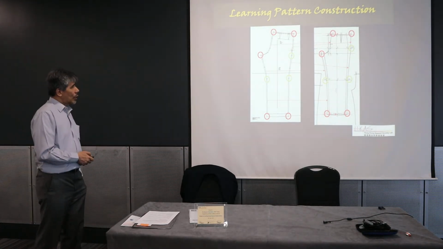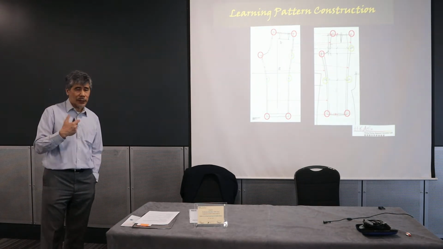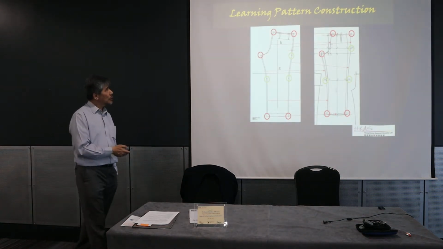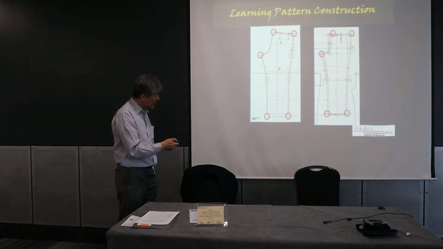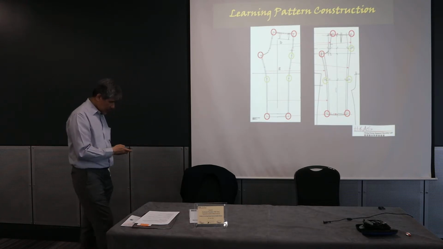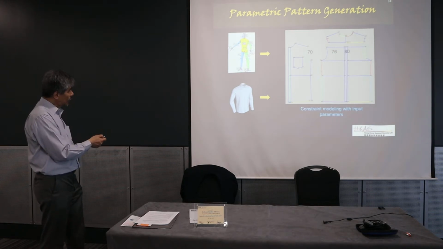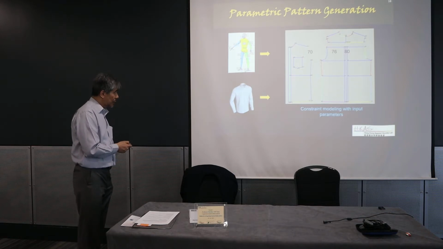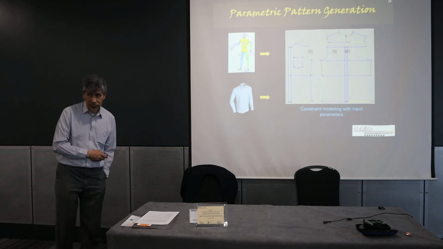And so we need to overcome all these problems in order to automatically generate a pattern based on a particular body dimension for a particular design. So they can add in a number of dots. It doesn't really matter. We'll be able to generate the dots for them accordingly. So the pattern will be based on the human body and the human model that we have generated, and also on this particular garment design, and then the pattern will be generated automatically.